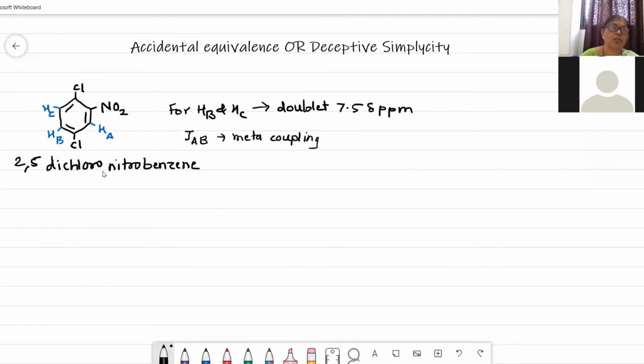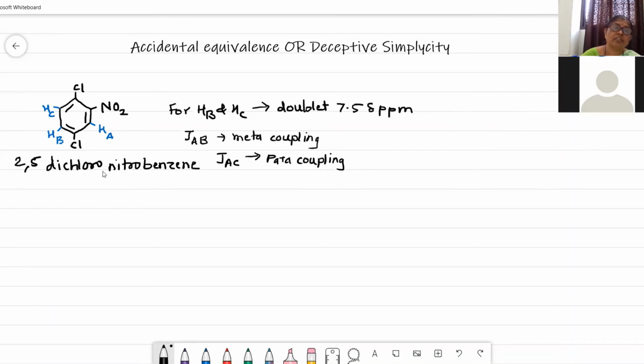A type of proton also couples with C type of proton. Coupling between proton A and proton C is the para coupling. Proton A couples with B, it is meta coupling. Proton A couples with proton C, it is para coupling.